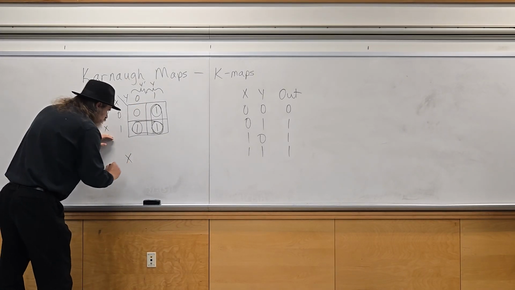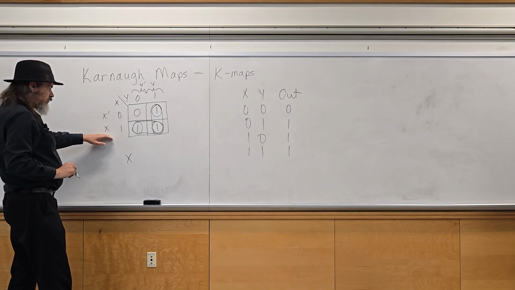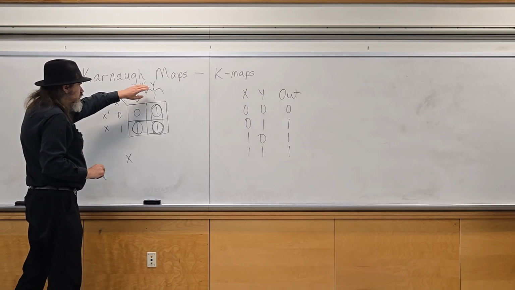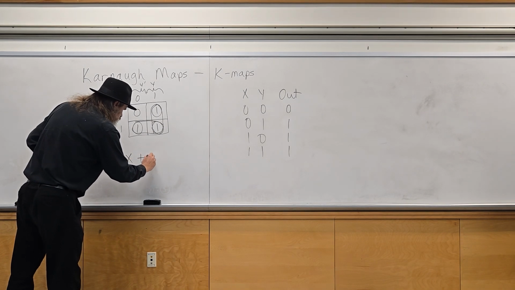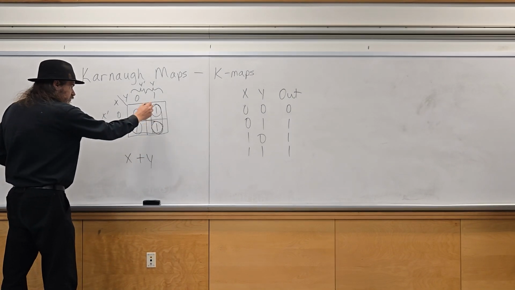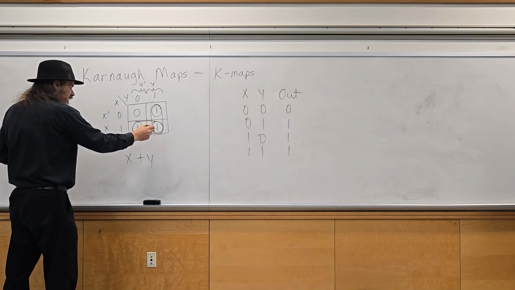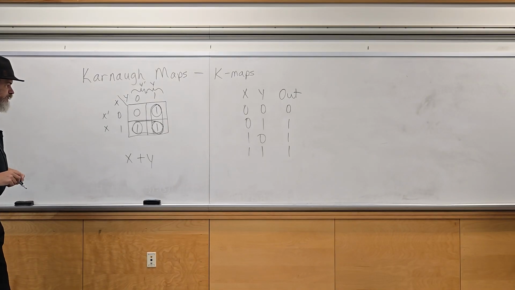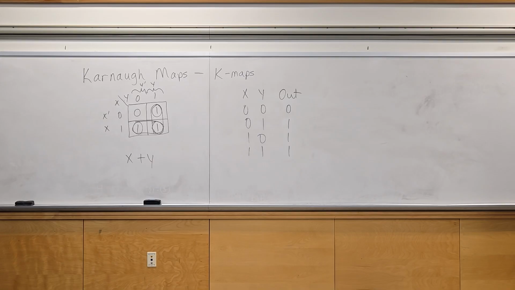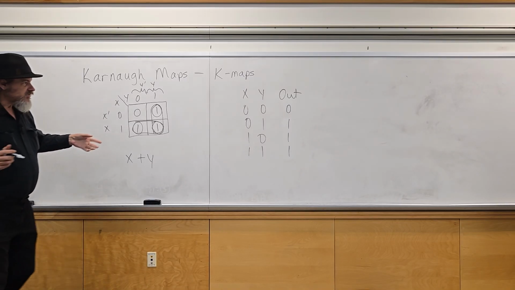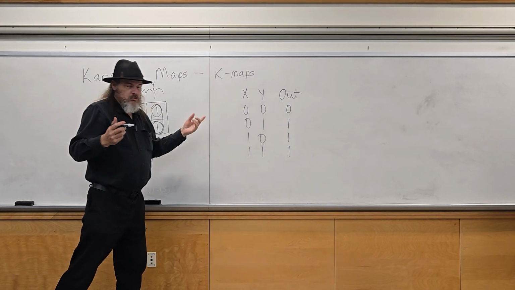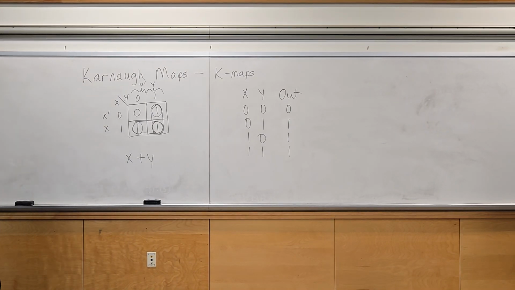So x, or y. It doesn't matter the x for this group because x could be either 1 or 0, and it just is the y. So that's the expression minimized. And this bears out that this is the state table for an OR gate. So you can use it to minimize that.